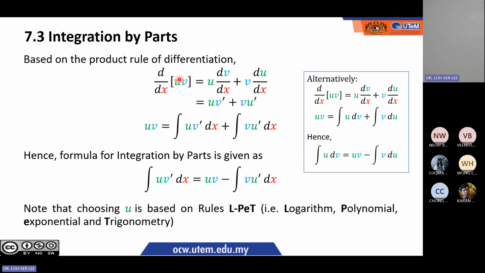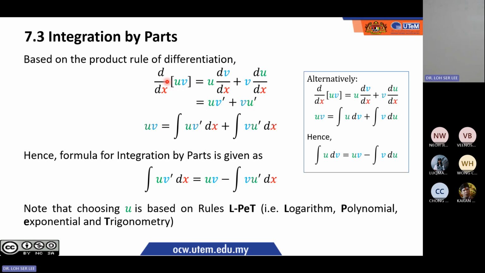So when we have the product of two functions in x and we want to do the differentiation, we will copy the u, we differentiate v with respect to x and then plus. We copy the v and we differentiate the u with respect to x. That's why you get uv prime plus vu prime.